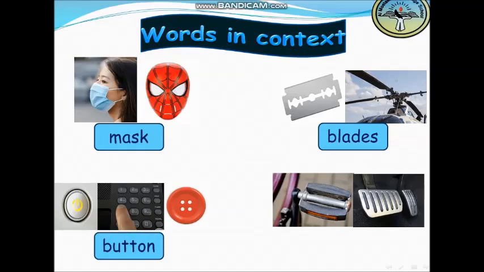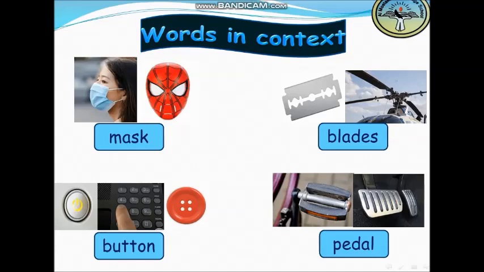And the last one is pedal, which is the two parts which we find in the bicycle, which you move with your legs over and over to move your bicycle, or it may mean the part of the gas and brakes which are in your car.